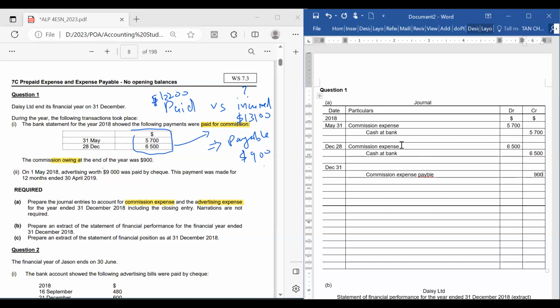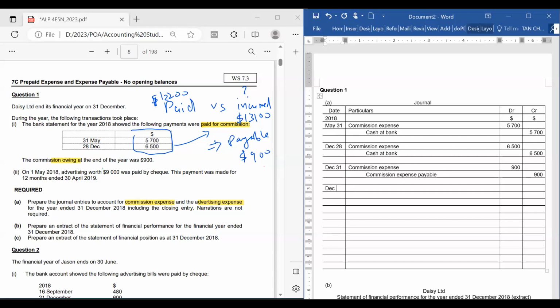At the same time, this will be debited to my commission expense, because even though we haven't paid for it, it is still counted as the commission expense for the year that we are doing. So our year actually begins on 2018 January 1st, and then it will end on 31st December 2018. So what we are saying is at the end of the year, we still owe commission expense 900.